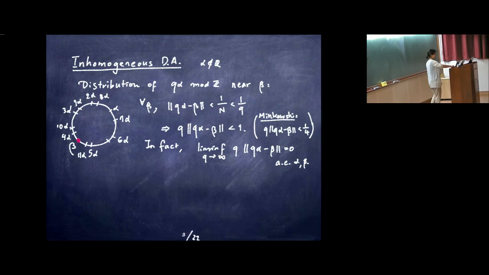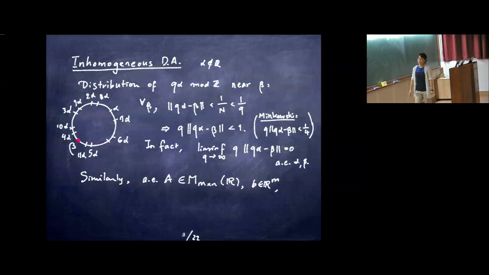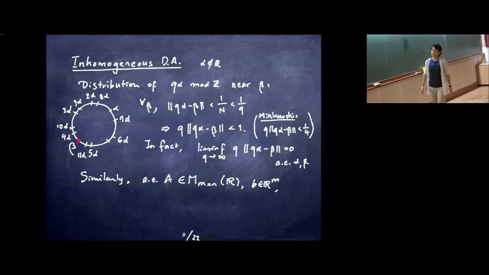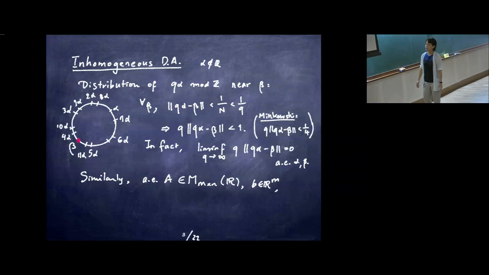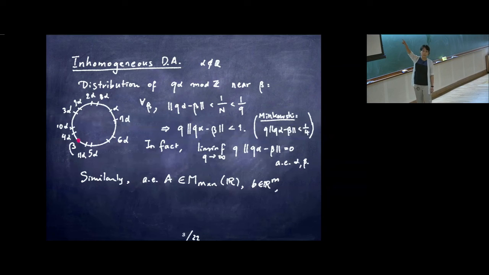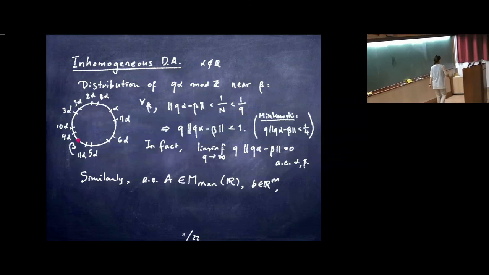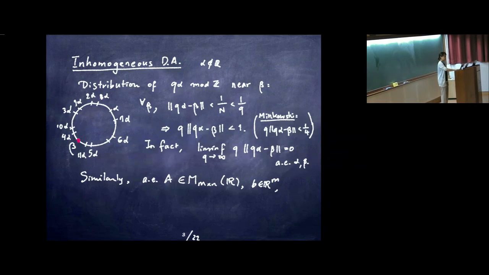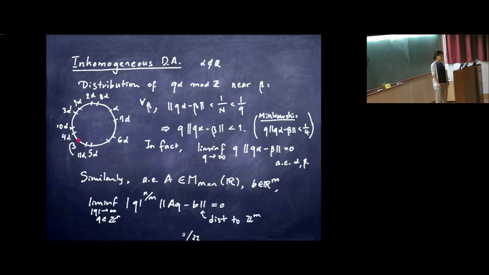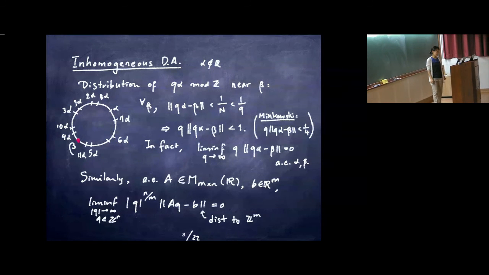Now we can ask a similar question for matrices. As we've seen this week, we can take this m by n matrix A, and the target vector will be B. So this B is like beta, and A is like alpha above. And for these A and B, we want to find sequences of integer vectors Q in Z^n.